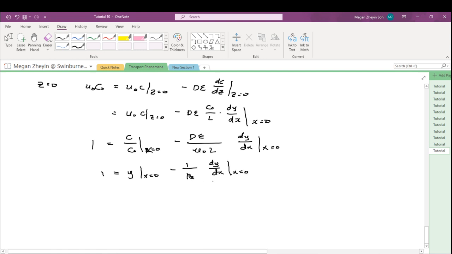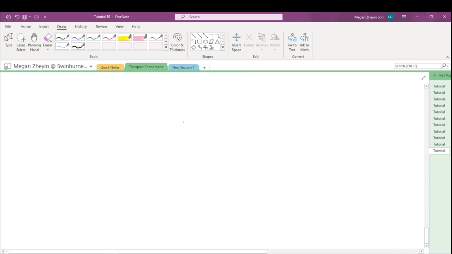Okay. Now, when z equals L, your dc/dz is equal to 0. So in this case, C0 divided by L dy/dx is equal to dc/dz, right? So this one becomes 0.